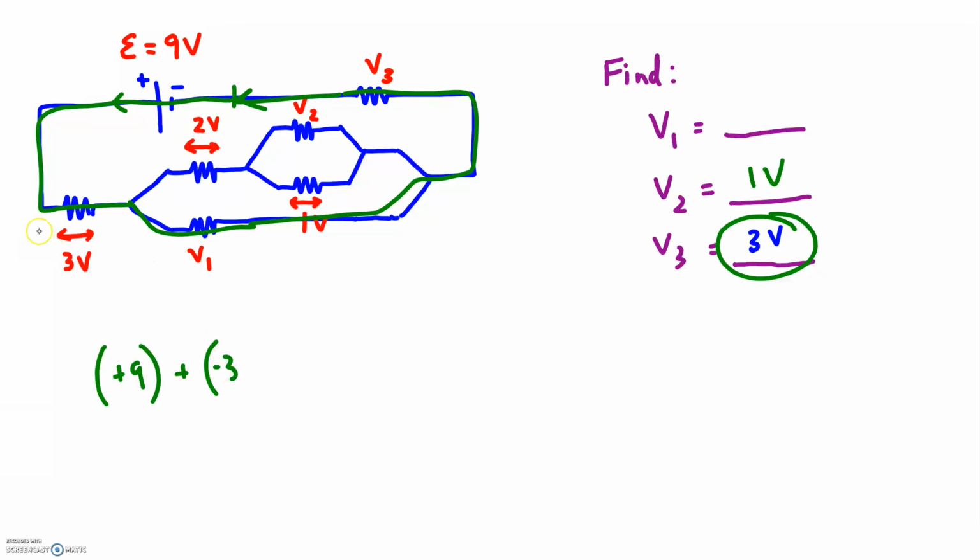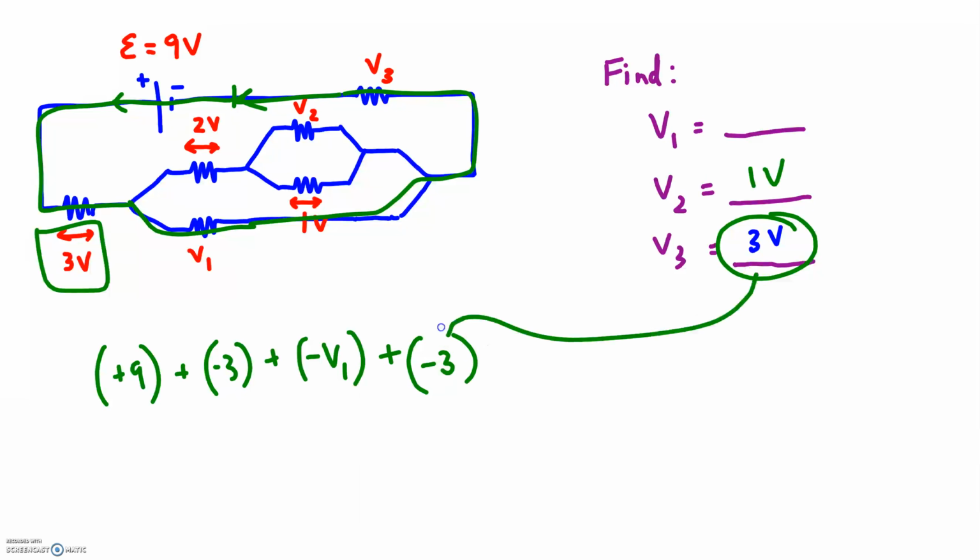I lose 3 at this resistor. I lose some at V1 across that resistor. And then I lose some at V3, which is 3. And when I solve for V1, that's going to be 3 volts as well. Well, this all came out pretty simplistic. That's okay.